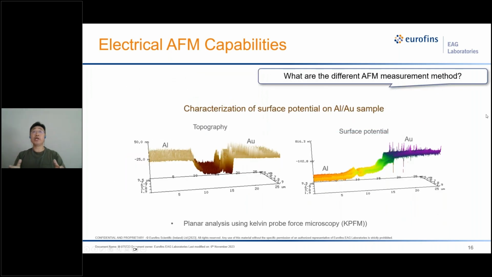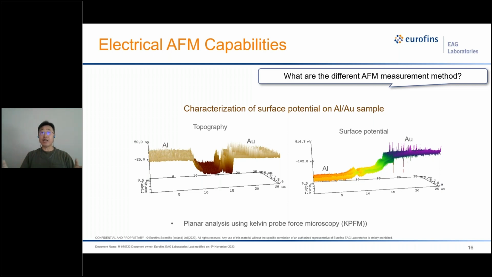Here is an example of electrical AFM where you can evaluate the contact potential difference between the AFM probe and sample and use it to assess work function values, which are unique to specific materials. In this example, one side of the sample is aluminum and the other side is gold. Aluminum and gold are the same height in the topography, but when you look at the contact potential difference map shown on the right side of the slide, the potential difference is significant between the two materials.